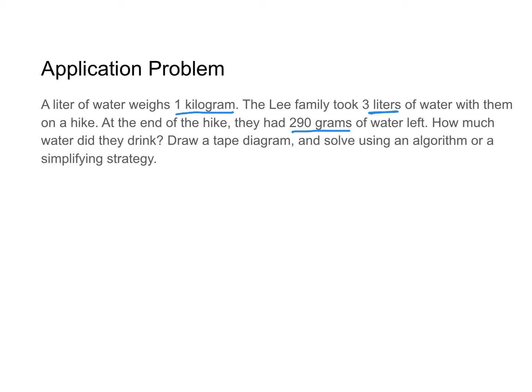So I'm going to need to convert this 3 liters of water into kilograms. If 1 liter weighs 1 kilogram, 3 liters weigh 3 kilograms. So the 3 liters would be equivalent to 3 kilograms of water.